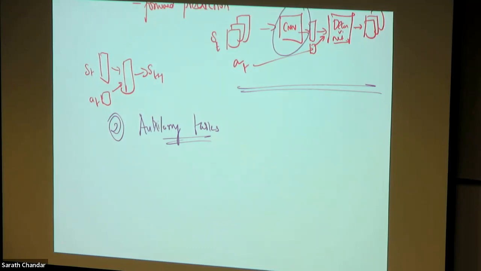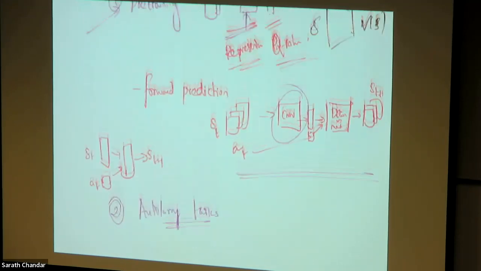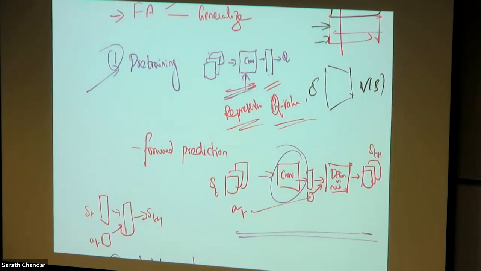So what do I mean by auxiliary task? Instead of doing forward prediction as a separate first stage, learning a representation and then using that for my DQN, I could consider this forward prediction objective as just an extra auxiliary task for my reinforcement learning agent. So now I just add more goals to the agent.